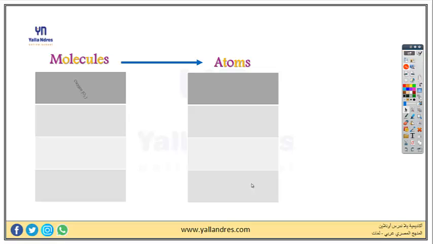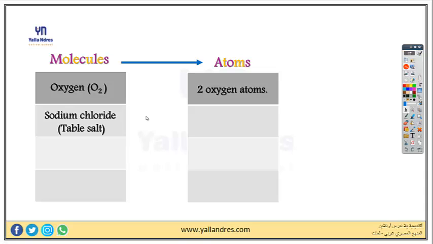Let's see some examples. Oxygen gas, which is symbolized O2, consists of 2 oxygen atoms. Sodium chloride, the table salt, consists of 1 sodium atom and 1 chlorine atom.